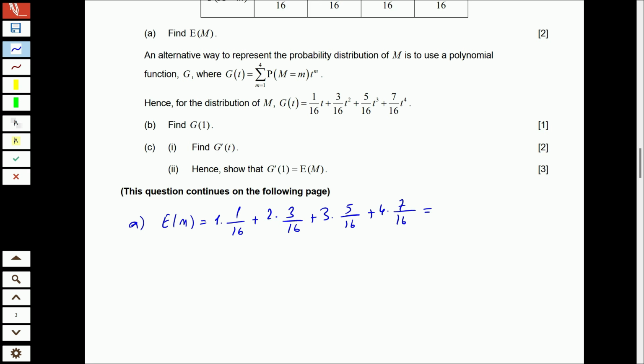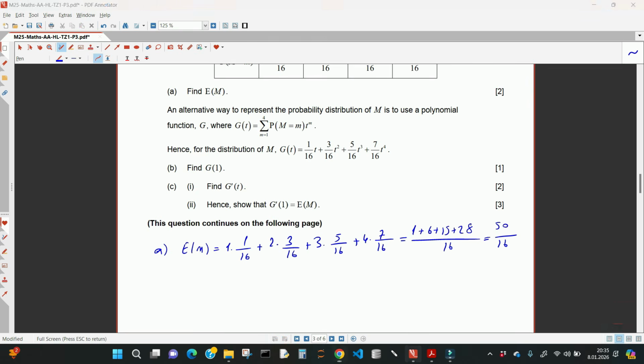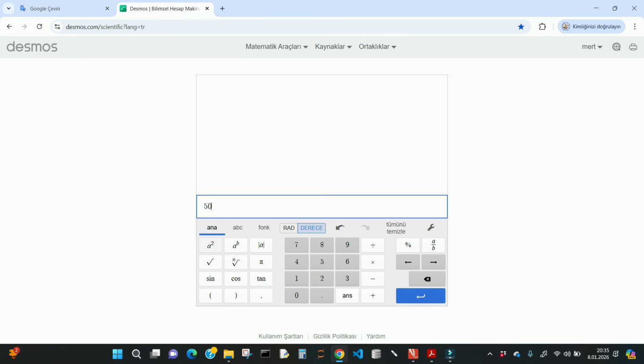We can just calculate the numerator because the denominator is the same. We're going to have 1 plus 6 plus 15 plus 28 over 16, which is 50 over 16. You can calculate the approximate value, which is 3.13.